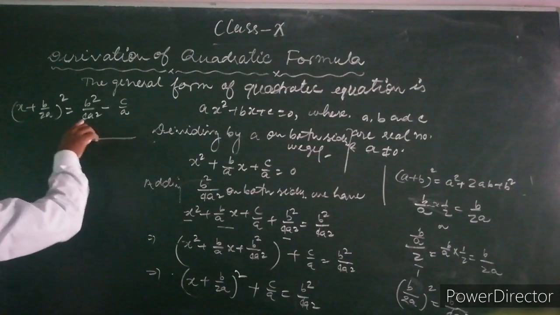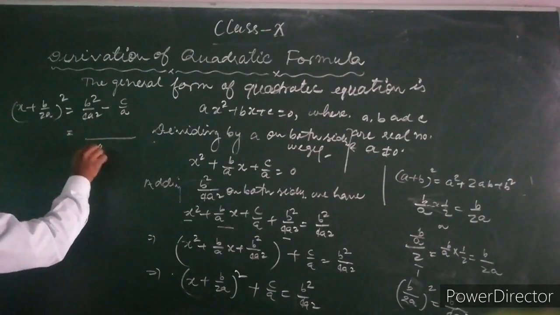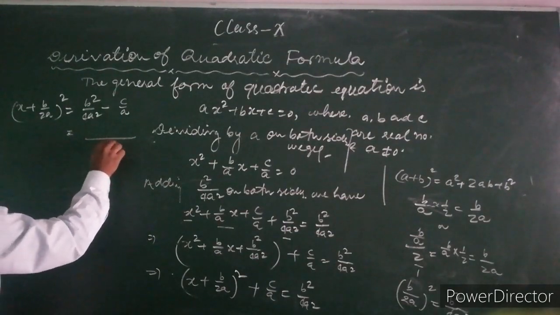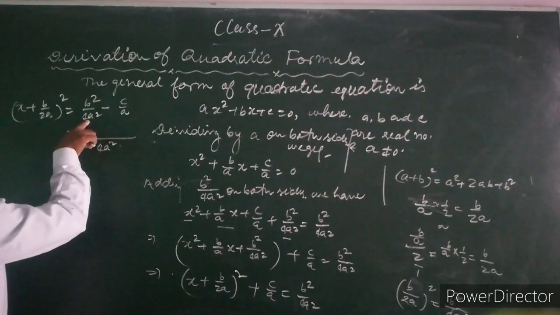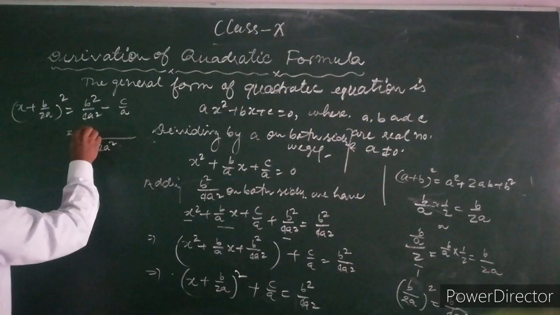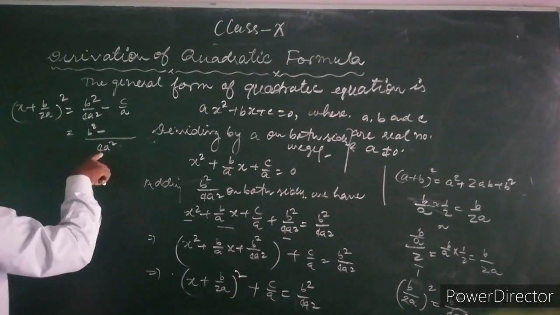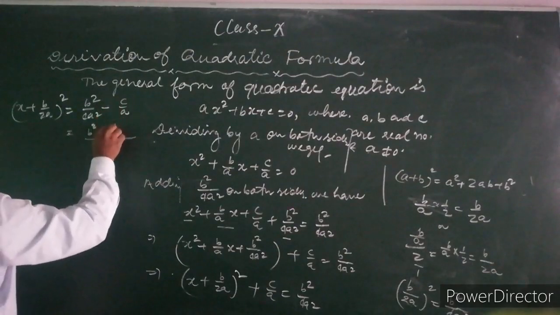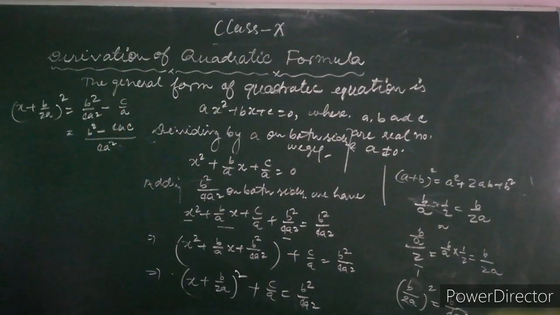After this, the LCM of 4a² and 4a² is 4a². 4a² divided by 4a² is 1, multiplied by b², we get b². Minus 4a² divided by a, we get 4a, multiplied by c, 4ac.